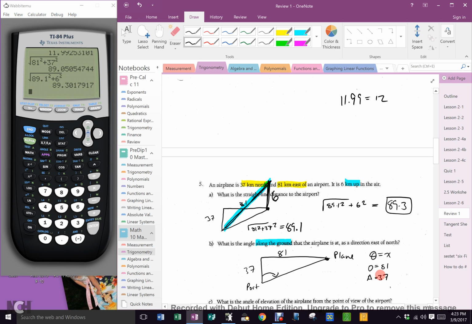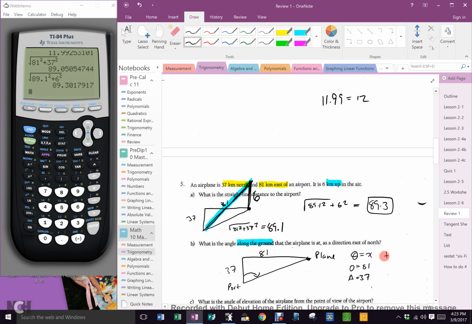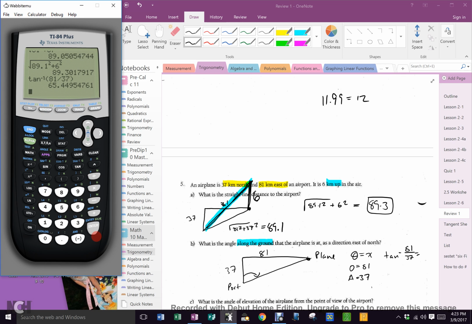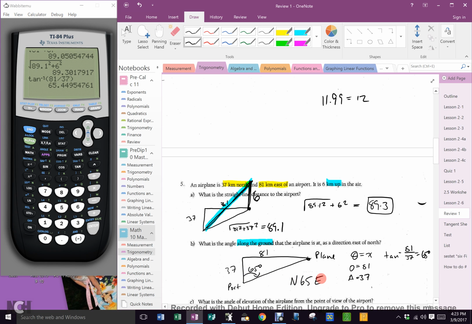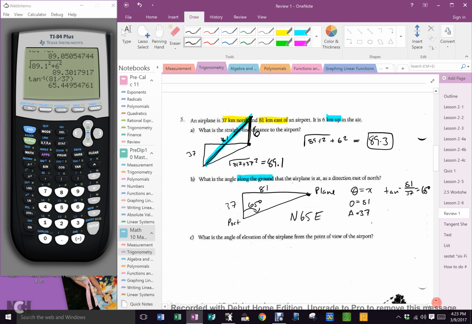So I have to shift tan. Shift tan of 81 over 37 equals 65 degrees. So that means I am north 65 east, because I started going north, but I adjusted 65 to the east.